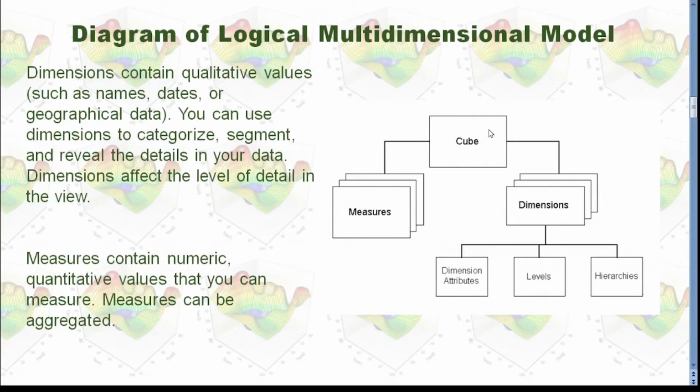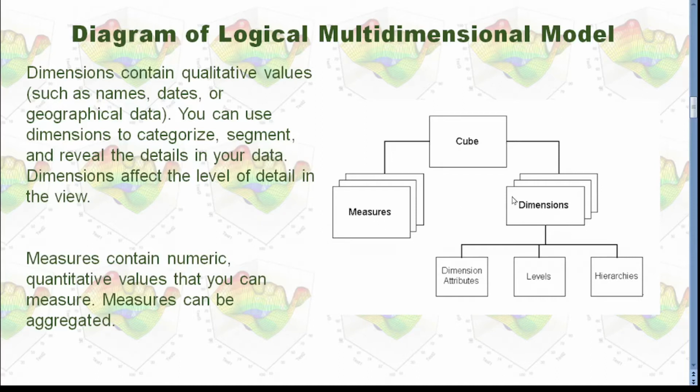The cube has two main concepts. One is measures, and the other is dimensions. Dimensions contain qualitative values such as names, dates, or geographical data. You can use dimensions to categorize, segment, and reveal the detail in your data.